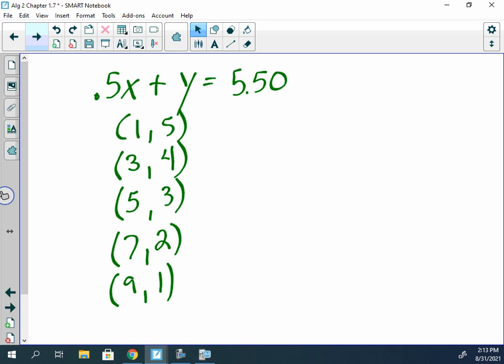Because are we told anything else besides that? No, because since we have 2 variables, we need how many equations? 2. We don't have enough. Is any of these points will hold true, will make this statement true? We don't know what it is. There's not enough information given. So those sometimes will be the correct answers. Just because they put it there doesn't necessarily mean it will always work out that way.